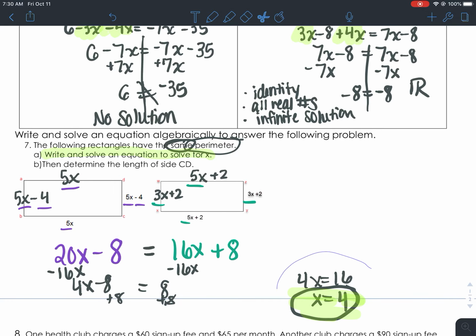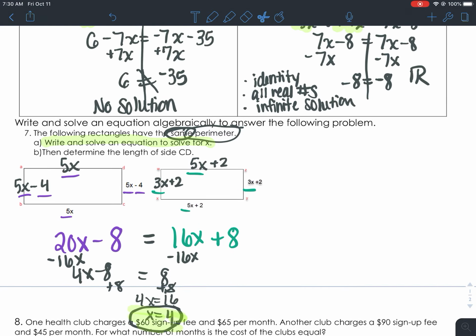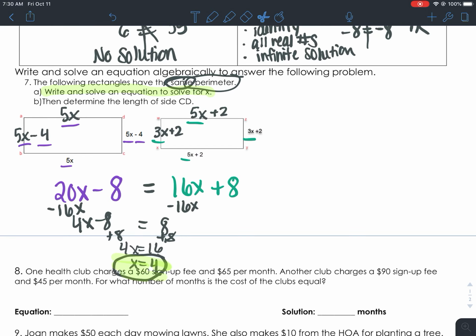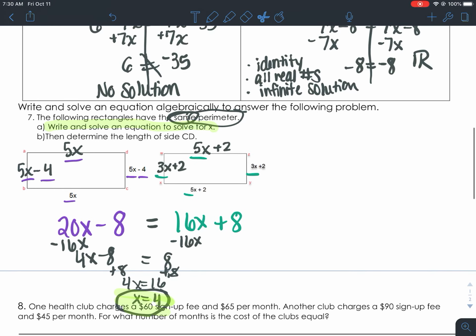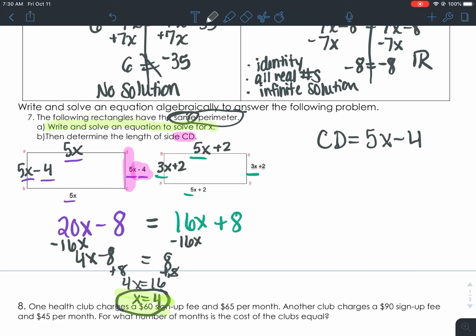Now, the next part of this, sorry, I'm just going to move this guy. Maybe I should move all these other things too. We'll leave that like that. The next part of this is it says, then determine the side of side CD, which is this side here. And the way you determine that, the side CD is equal to 5x minus 4.